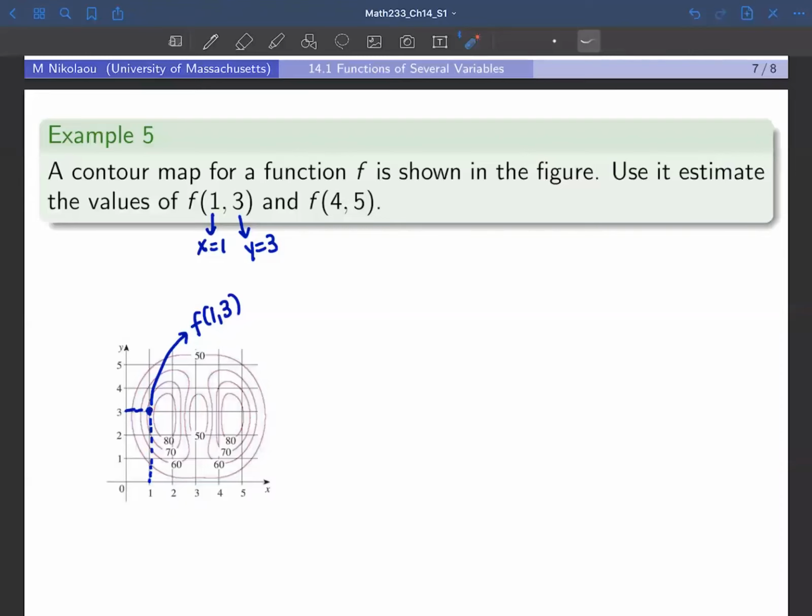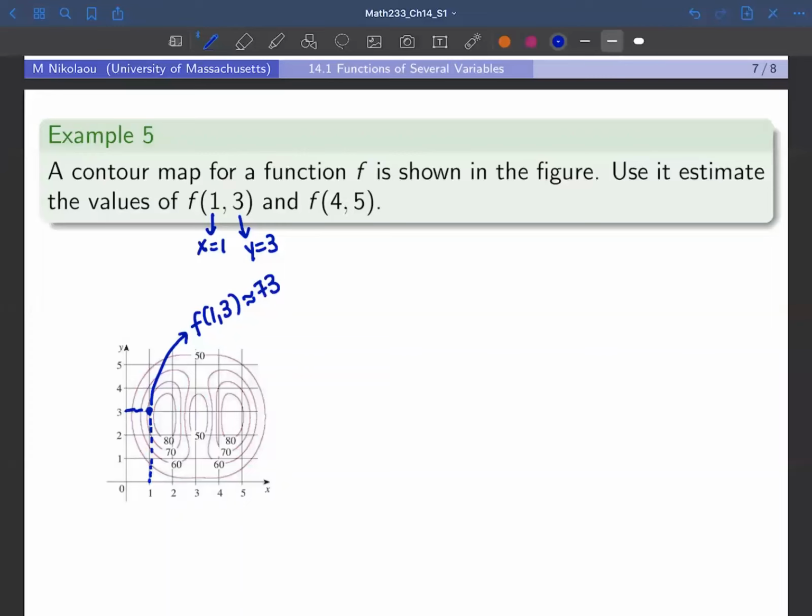So let's say that f of 1, 3 is approximately equal to 73. So it's between 70 and 80, quite close to the 70 level curve.